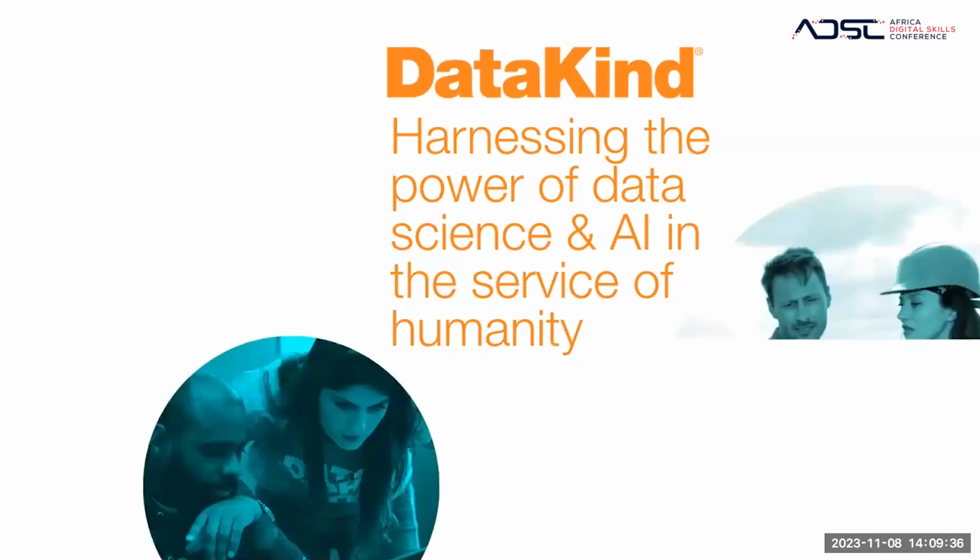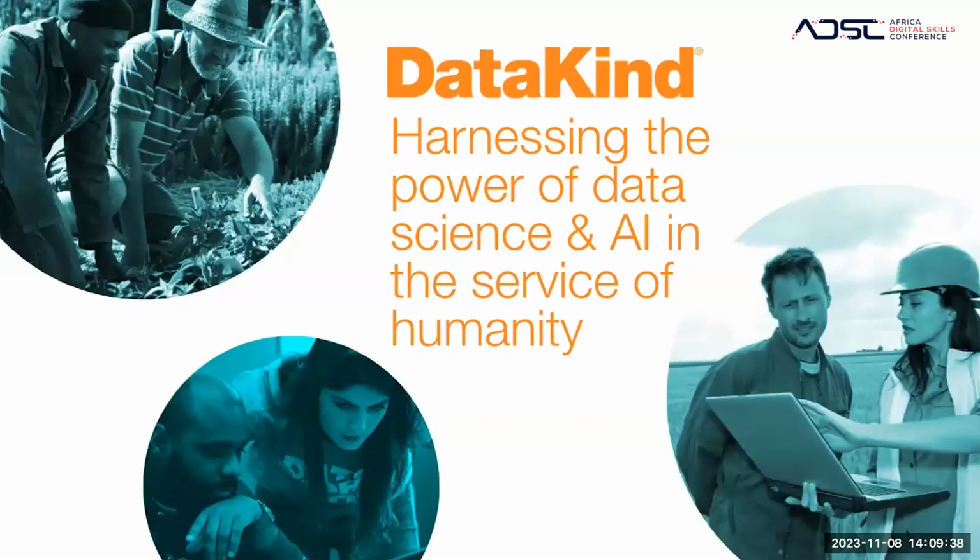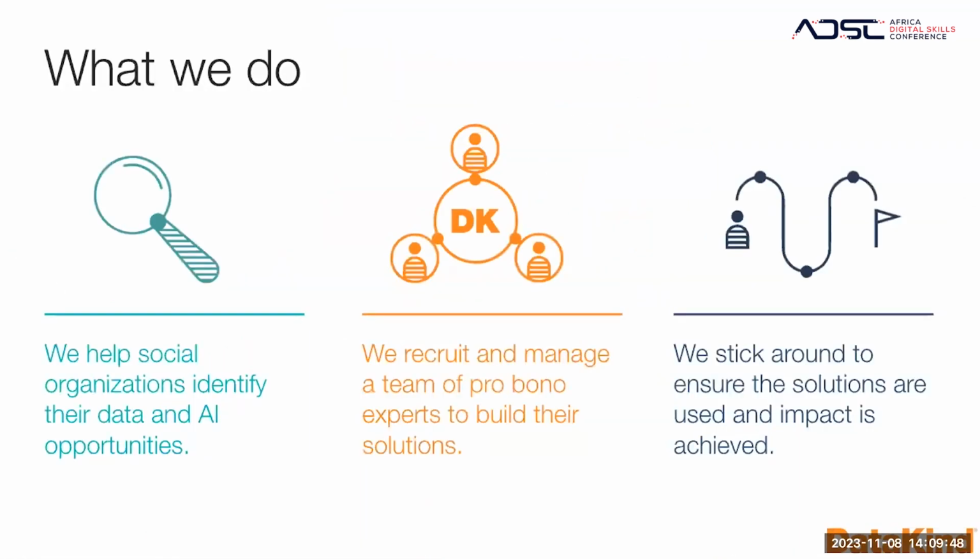And DataKind is just all about harnessing the power of data science and AI in the service of humanity. We work with volunteers and partner organizations as a global nonprofit. And so we help social organizations identify what those data science and AI challenges and opportunities are that they're facing. And then we recruit and manage teams of experts to build solutions for them.